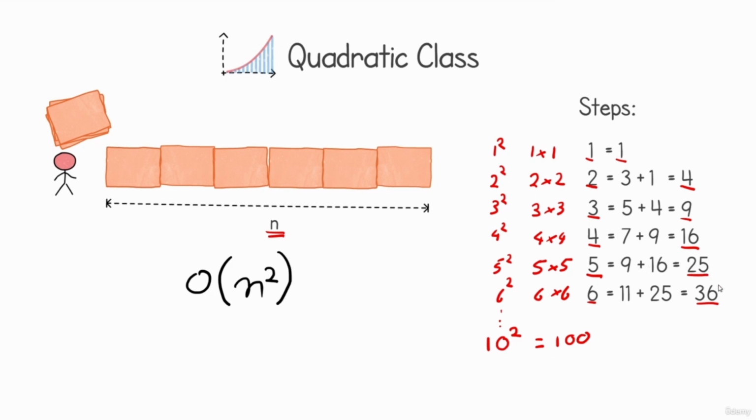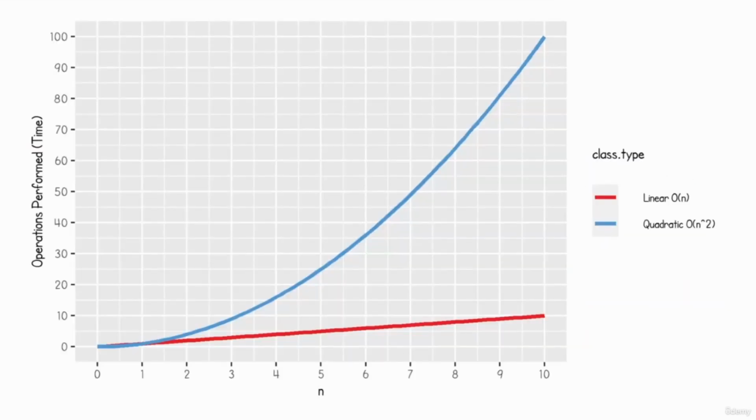If we had to plot this on a chart, as you can see, the quadratic expression, the n squared, grows a lot faster than the linear. And this is why quadratic algorithms do not scale well compared to the linear one. In the next videos, we will come up with an algorithm that has this runtime complexity, and we will run this code with different inputs to see how it varies with the size of our input.